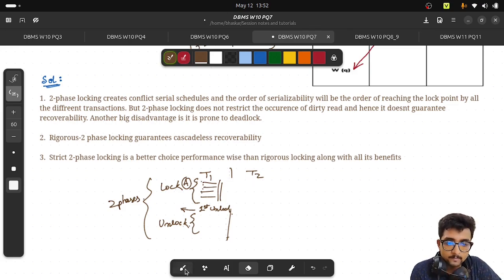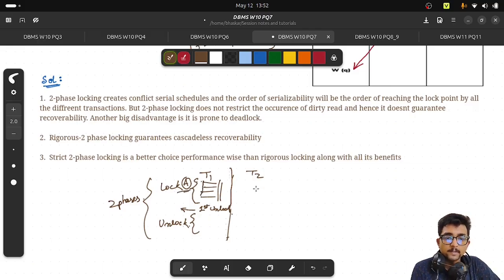T1 has gained a lock on a variable, A, at some point. T2 is asking for a lock on A, but it cannot get it unless T1 does the first unlock. So T2 is basically waiting in all this area, not doing anything. Then, when the unlock is done, T2 gains the lock on A. So I have a dependency in this direction.